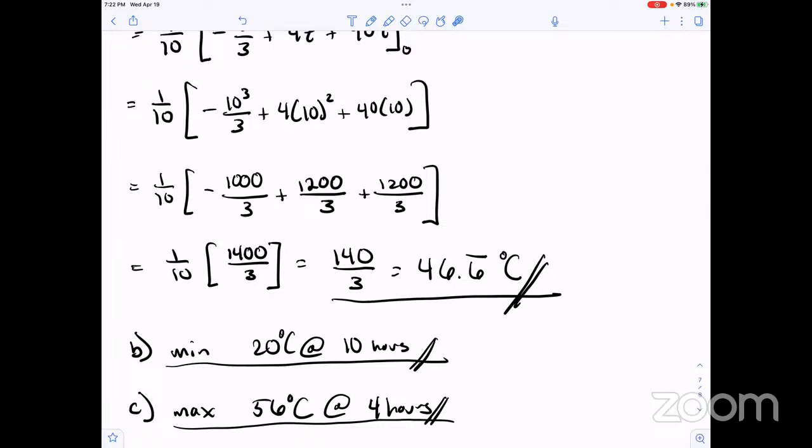So I'm just going to type in 20. 20 is correct. And the max temperature we got was 56. Yeah, so those are correct. All right, so these results are correct. Okay, I think I'm going to call it a day.